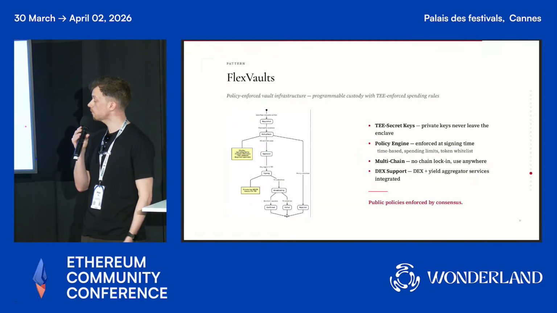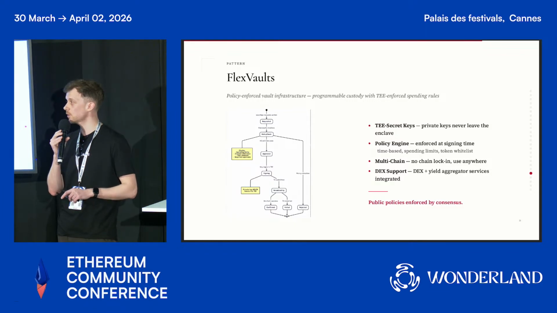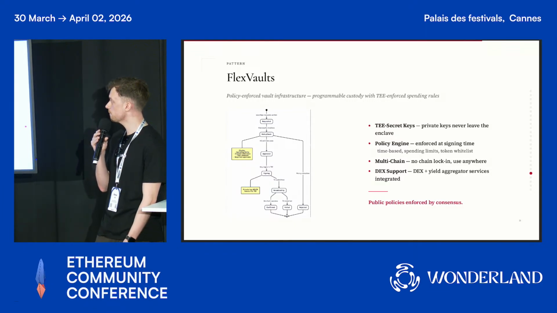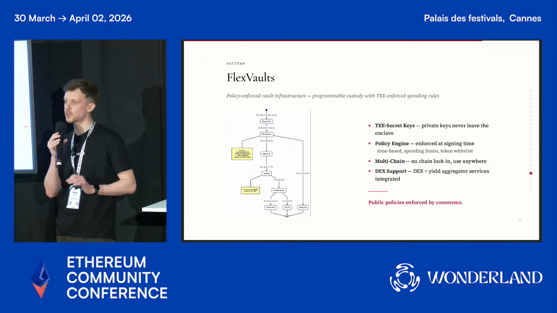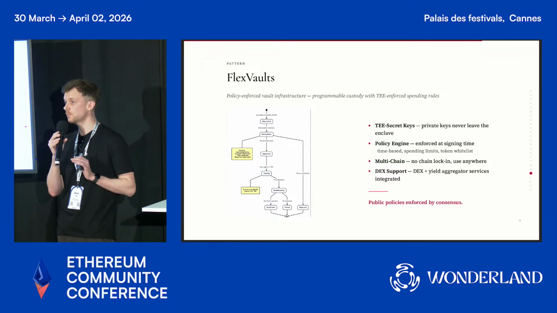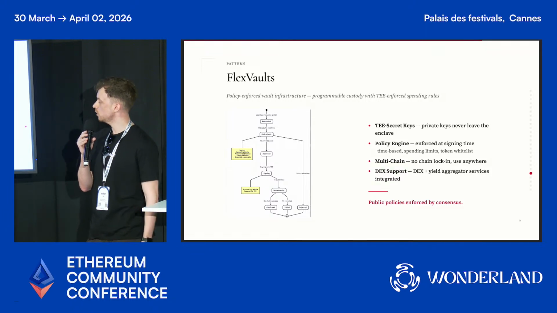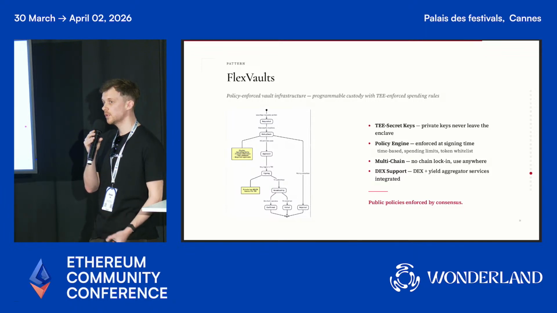Another cool thing is Flex vaults. This is what our team is working on. It's basically our take on taking the liquefaction paper foundations into production with a bit more focus on DeFi. And the pattern is quite similar. We can have keys for a bunch of different chains that are controlled by TEs. There is a policy engine which users can use to define custom policies, like time-based spending, spending limits, token whitelist.